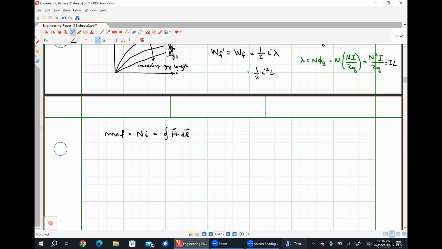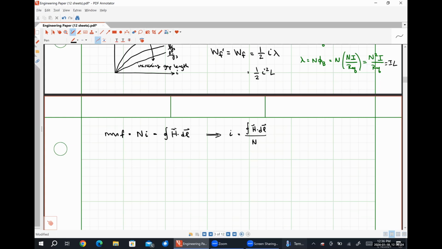These are relationships that we dealt with on literally the first day of class. And I'm going to rearrange this to find our current is then the integral of H dotted into dl divided by our number of turns N.